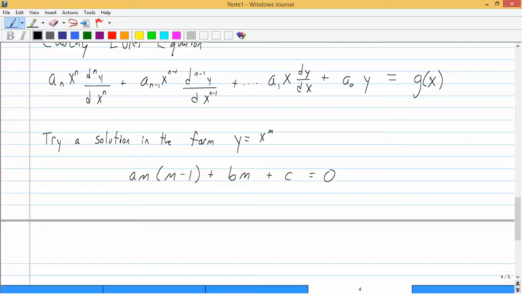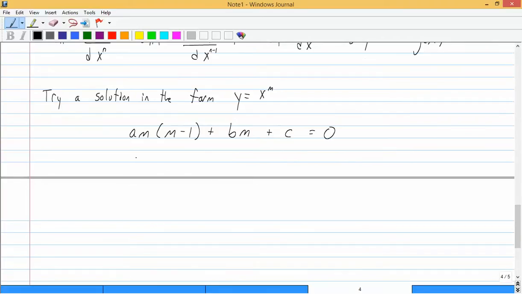All right, because how do we take these derivatives? It's not too hard to figure out how to take those derivatives. And then if we plug them in, we would have something of this order, which could be written a m squared plus b minus a times m, right? Because we'd have two m terms.